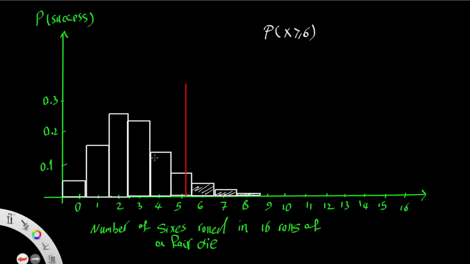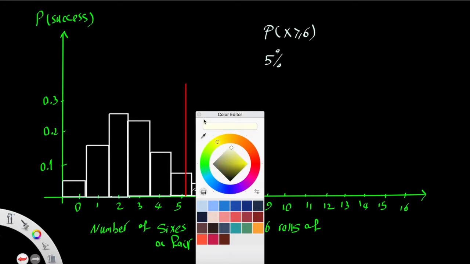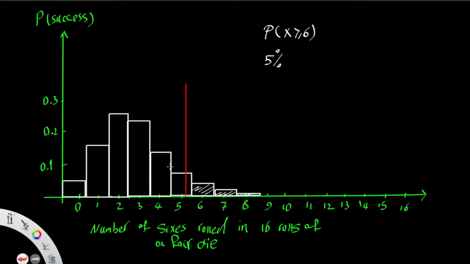But in both graphs, the previous graph and this graph, the region after this red line represents almost 5% of the total probability. Now we subdivide the regions into two regions.